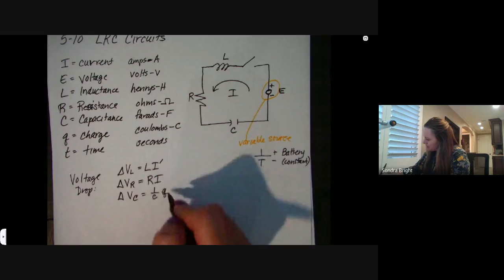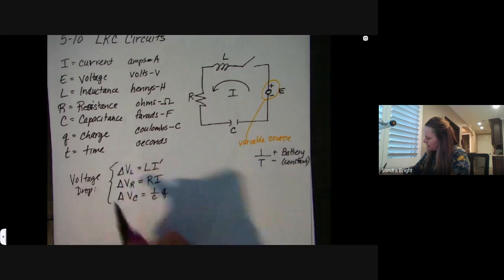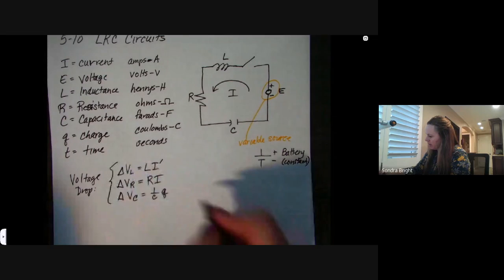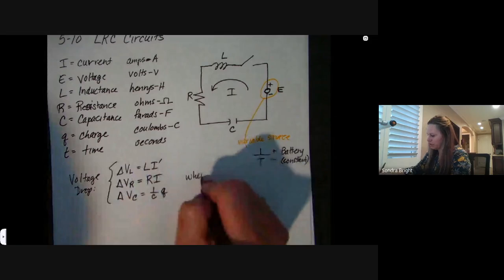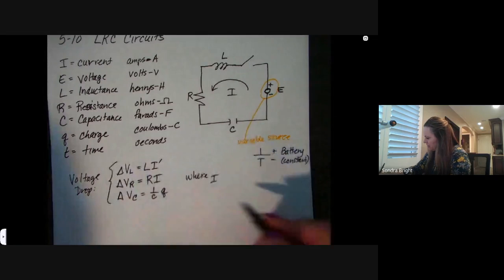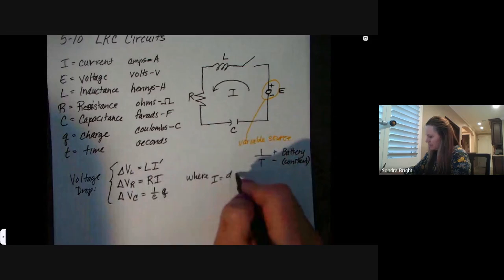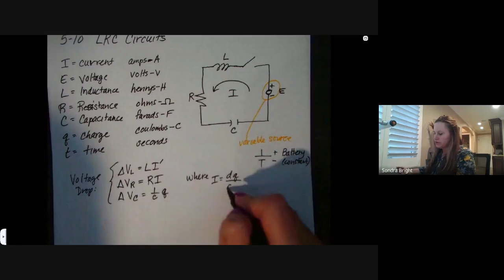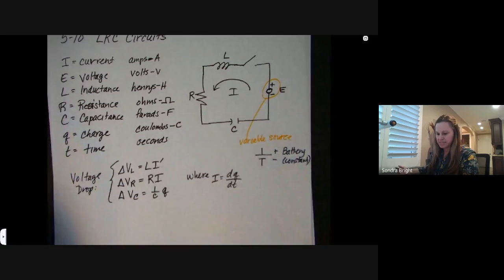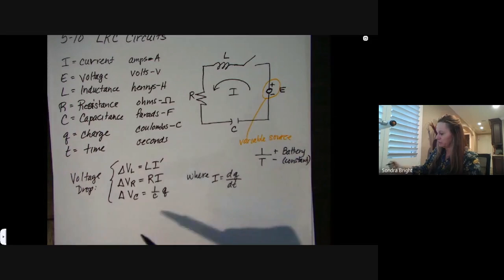And this is where your I, the current, is the change in the charge over time. One of Kirchhoff's laws says that the sum of these voltage drops must be equal to the applied voltage.